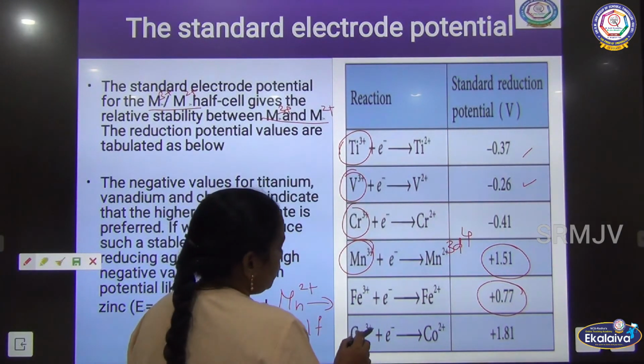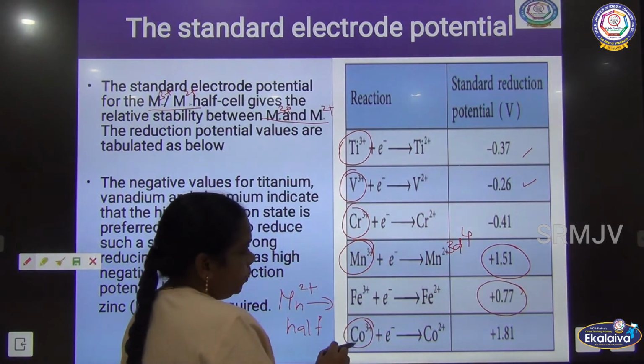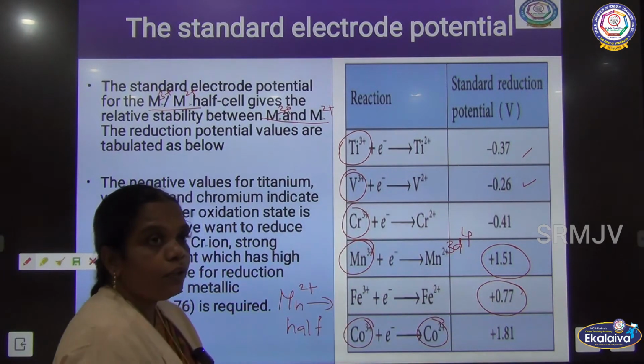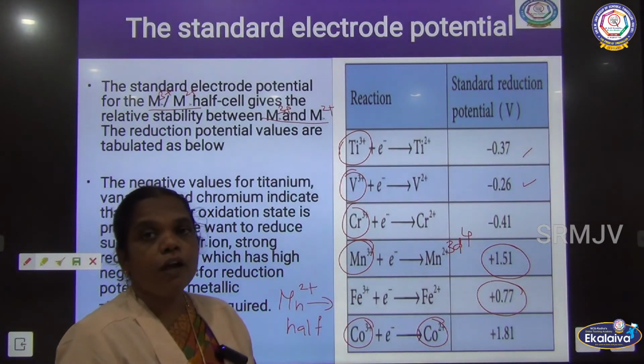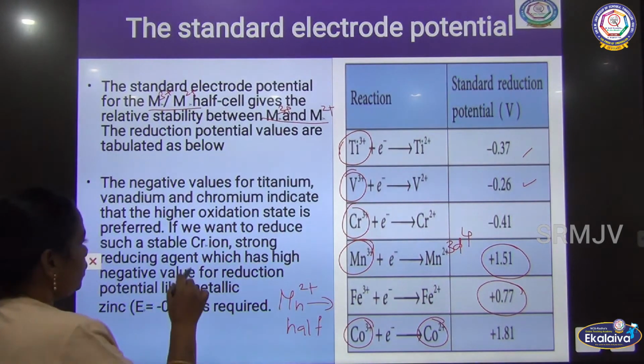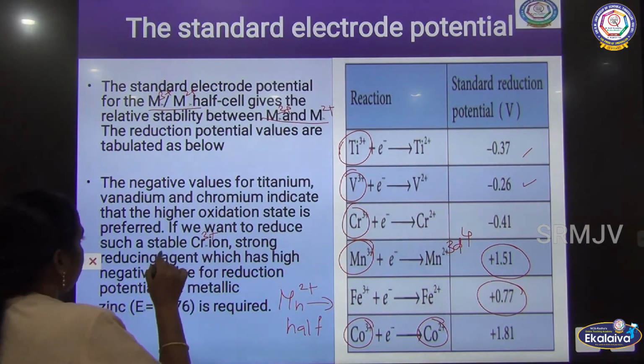The cobalt is also more stable as the 2+ ion than the 3+ ion. So they can show that positive value, the EMF value is positive. So the positive, the chromium 3+ ion.